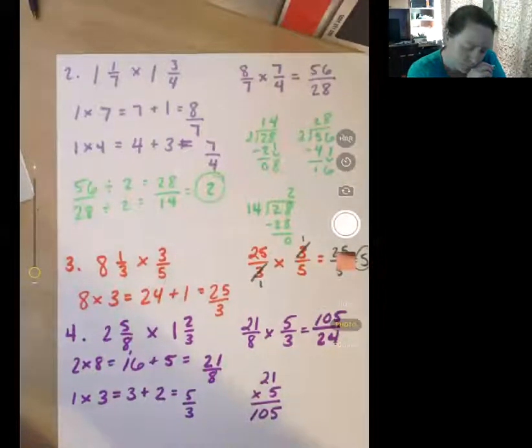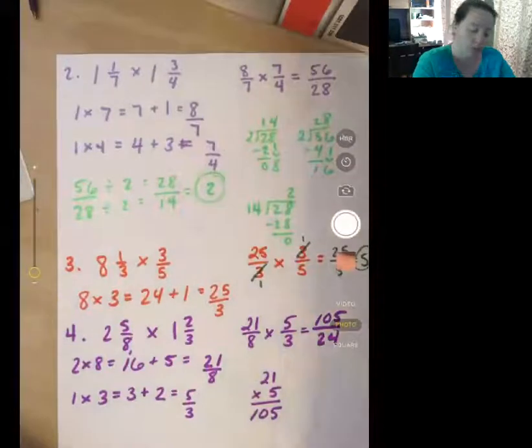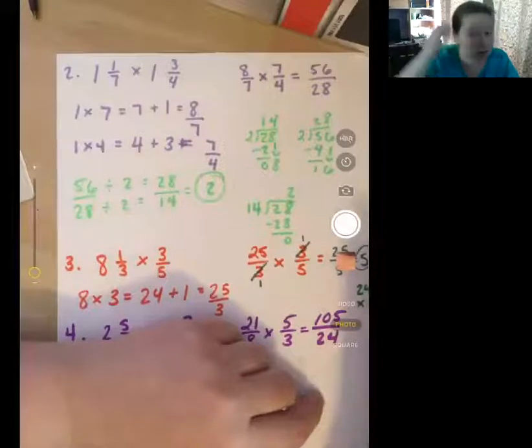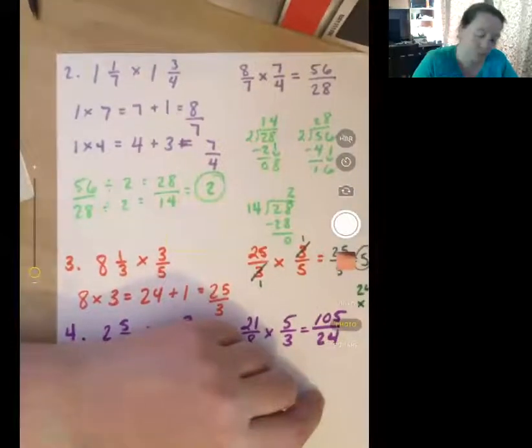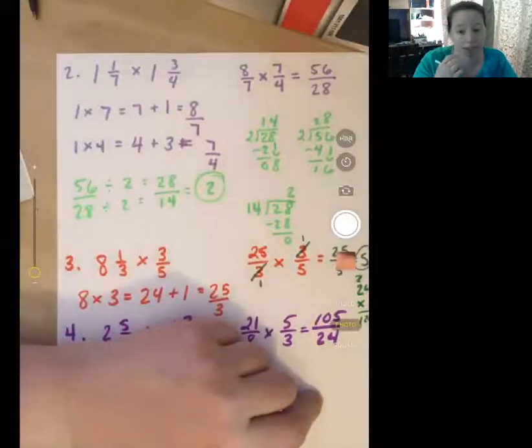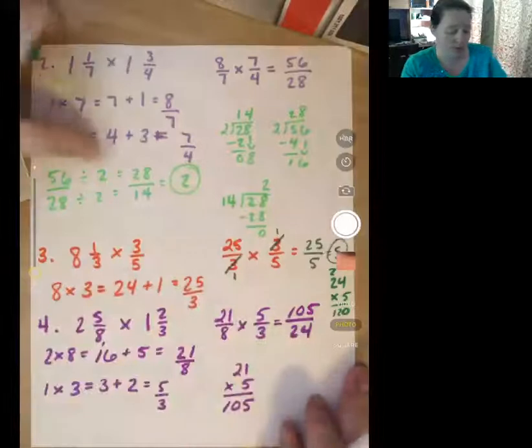All right, so let's think. If I do 24 times 5, let's go 24 times 5. 5 times 4 is 20. 5 times 2 is 10, plus 2 is 120. That is too much. Sorry, I'm doing it over on the corner over here.